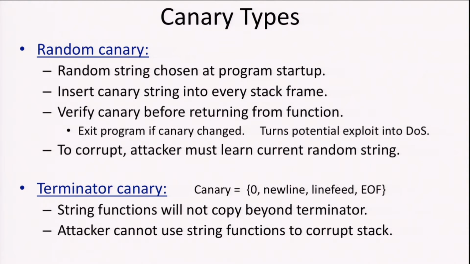Every time a function call happens, you put the canary between the local variables and other content of the frame. Then, before you return from the function, you check that the canary you had put in is intact.